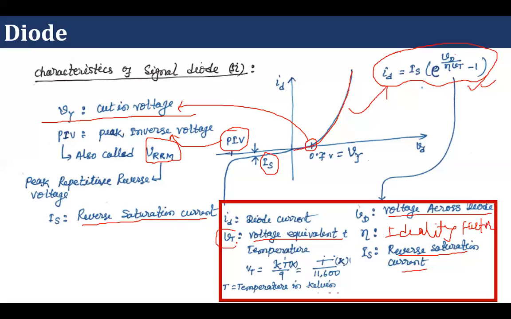And this V_T, which is known as the thermal voltage, is given by kT upon q, where T is the temperature.